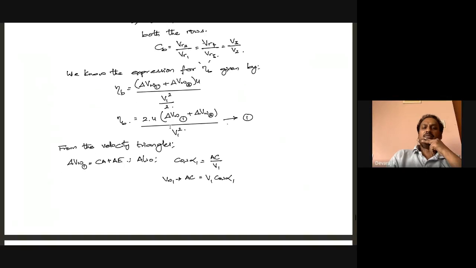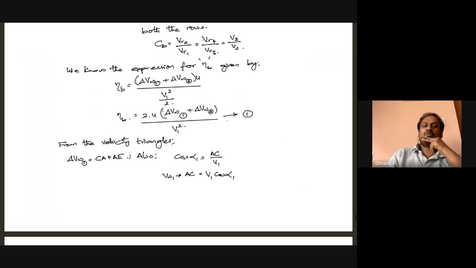I can write the same thing by taking the 2 from the denominator to the numerator: 2 into U into (delta VW1 plus delta VW2 for the second rotor), the whole thing divided by V1 squared. Let me call this expression number 1.